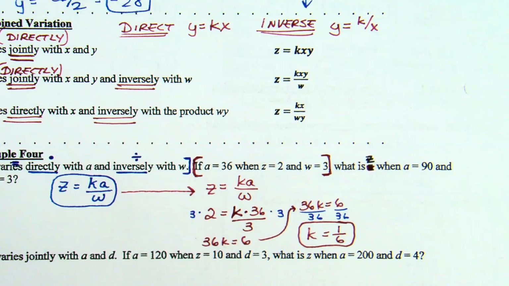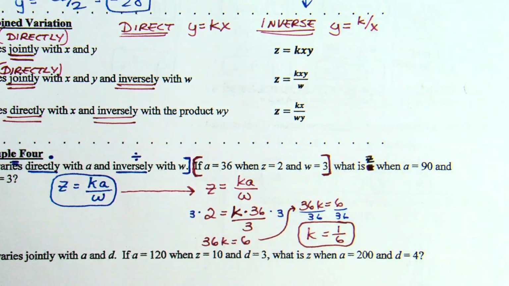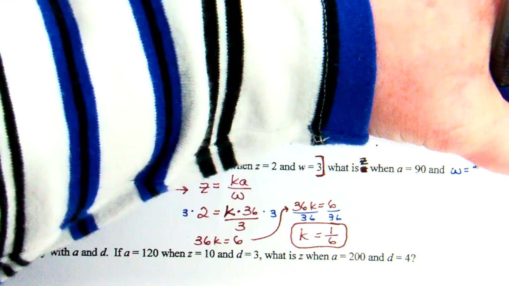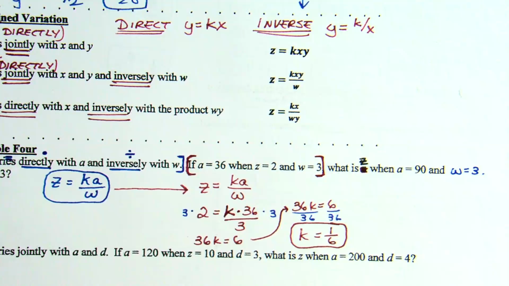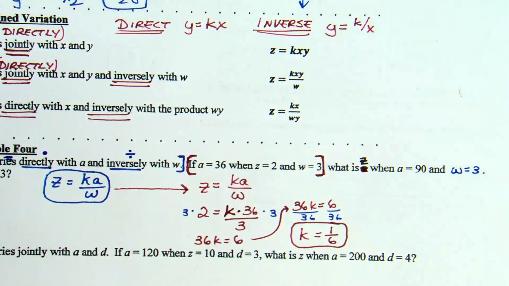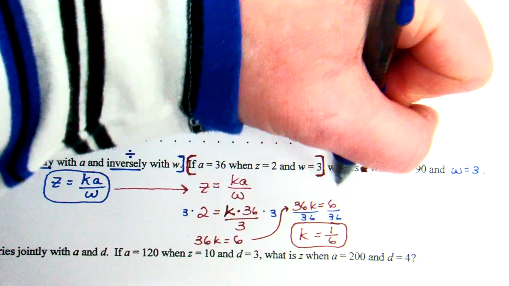Now, the next part continues to say, what is Z when A equals 90 and, I'm going to copy this from down below, W equals 3. That's just on the next line, right? I'm just putting it all there so I have it all together. So now, final part here.